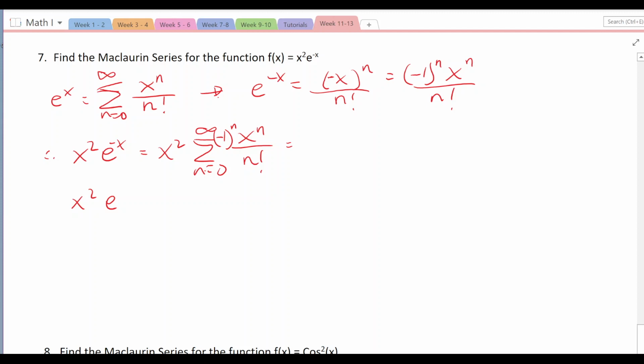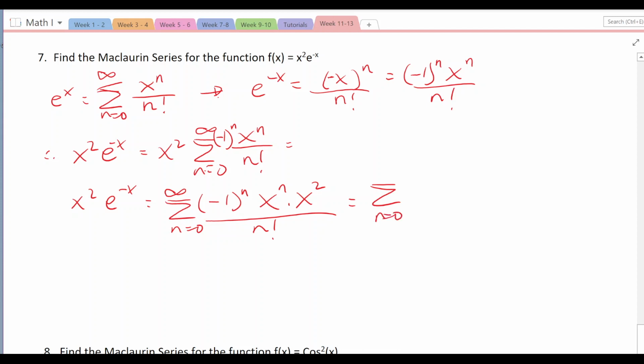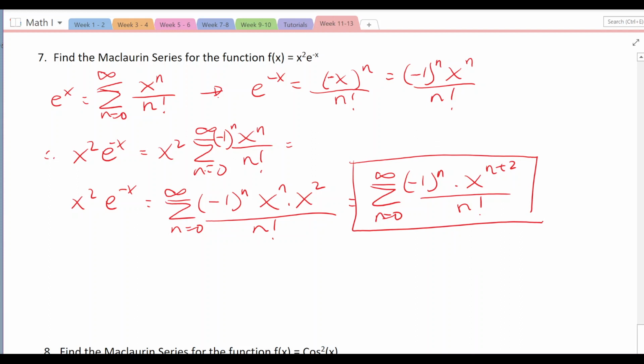So it is the sum of negative 1 to the power of n times x to the n plus 2, all over n factorial, and that is the answer for our particular problem, which is x squared times e to the negative x.